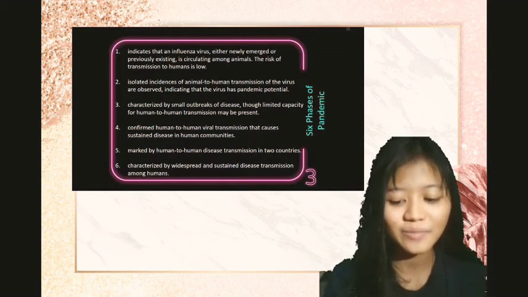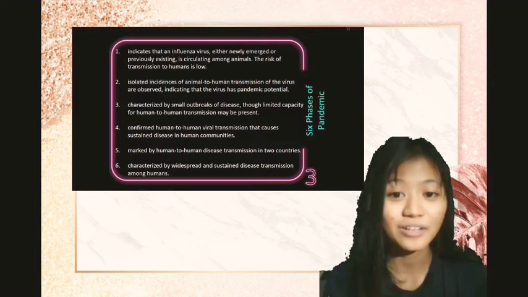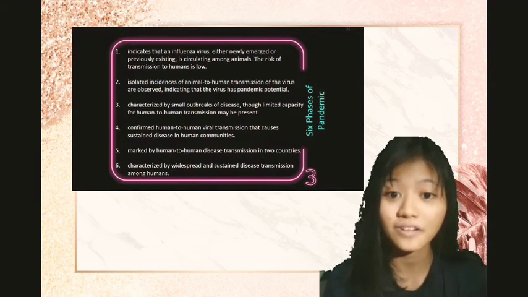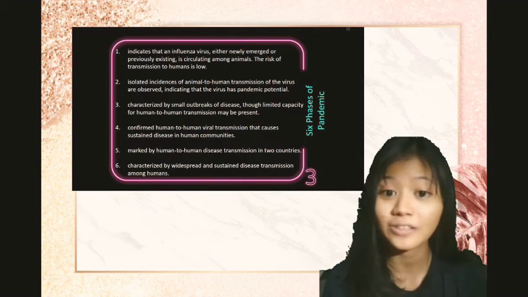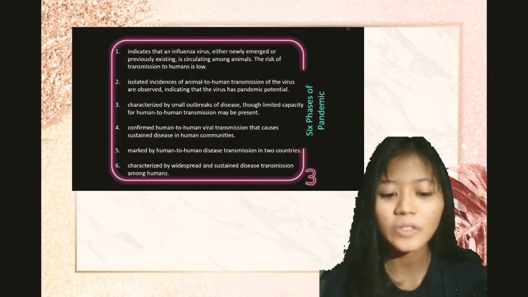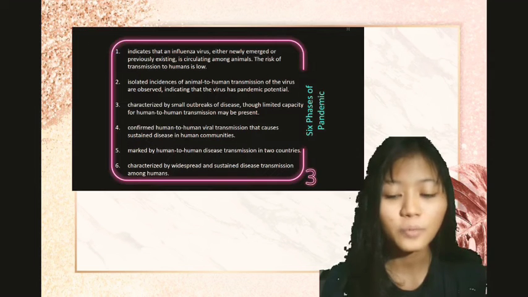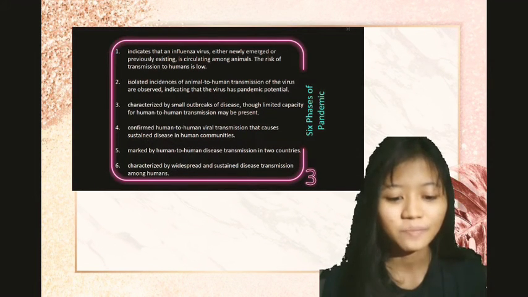The risk of transmission to humans is low. Phase 2. Isolated incidents of animal to human transmission of the virus are observed, indicating that the virus has pandemic potential. Phase 3. Characterized by small outbreaks of disease, generally resulting from multiple cases of animal to human transmission.